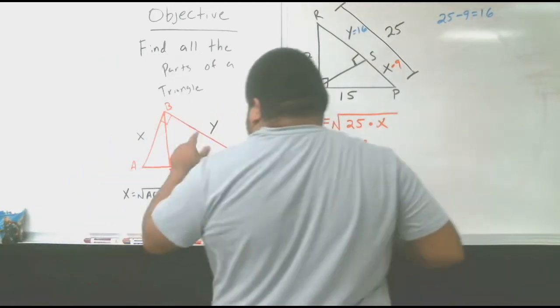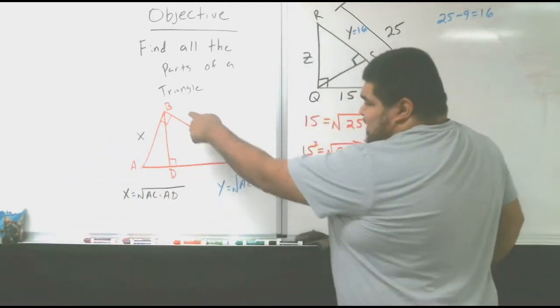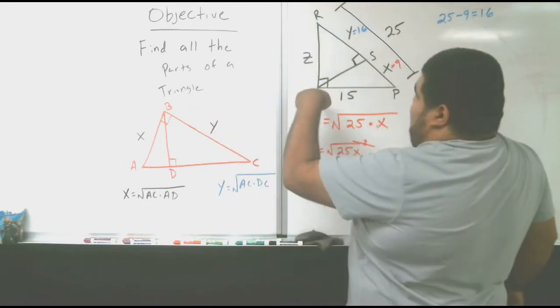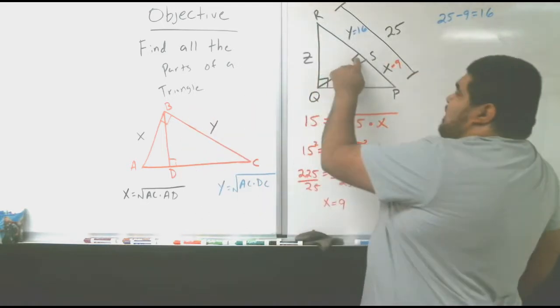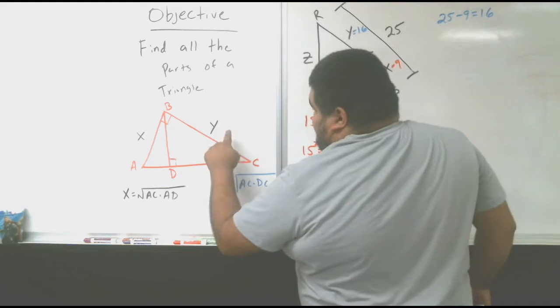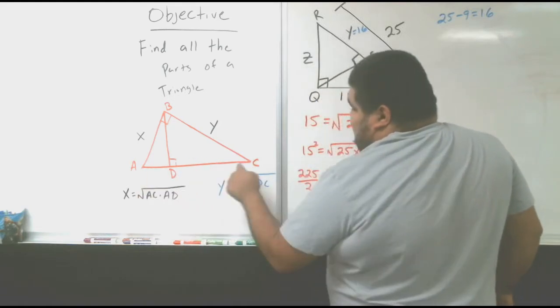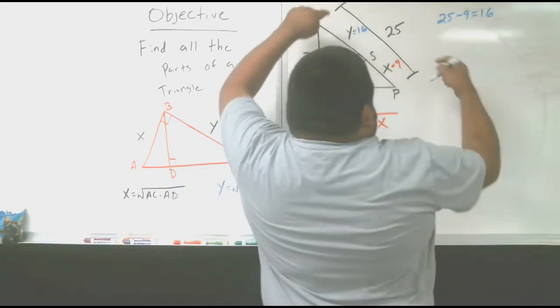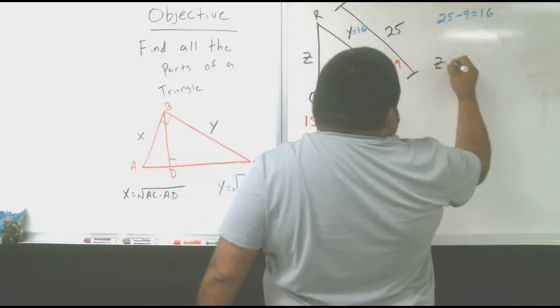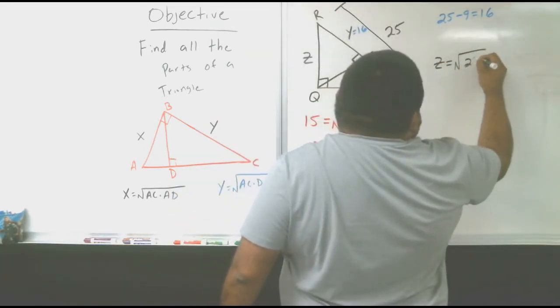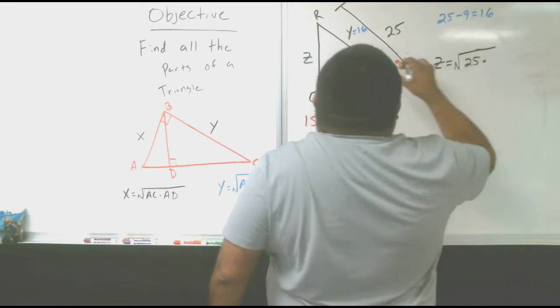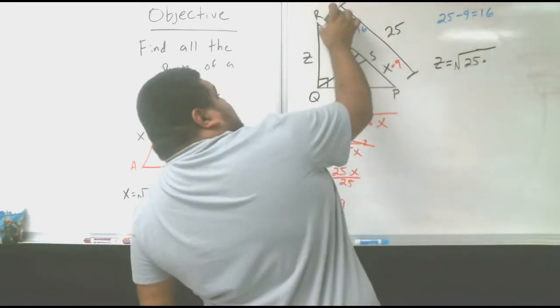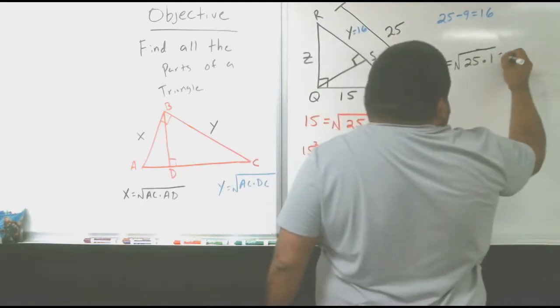If you guys remember, again, the opposite side, now where the square is, we're doing the whole thing again, but this time DC. So we have the whole thing, which is 25, so Z equals the radical of 25 times only RS, because it's on that side, which is 16.